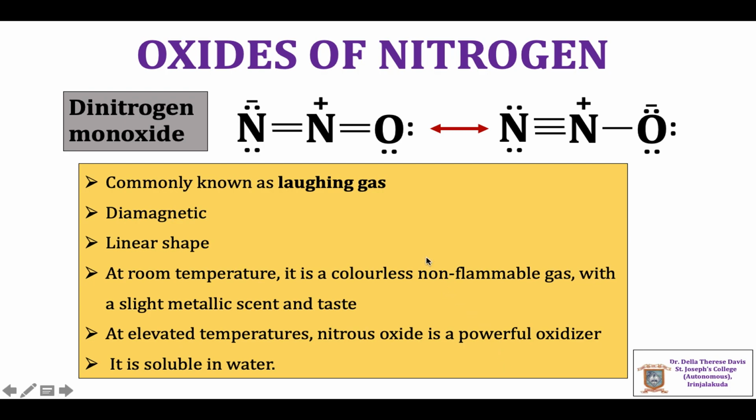The molecule is diamagnetic and it has a linear shape. It is soluble in water. At room temperature, the laughing gas is a colorless, non-flammable gas with a slight metallic scent. And at elevated temperature, it is a powerful oxidizer.